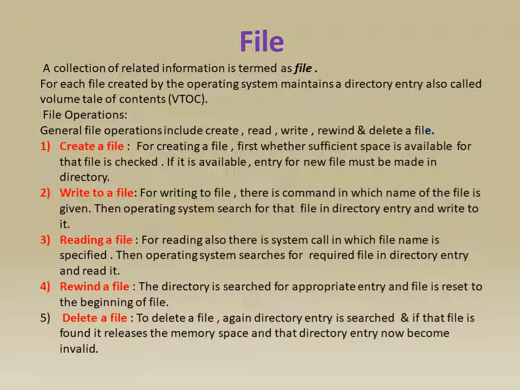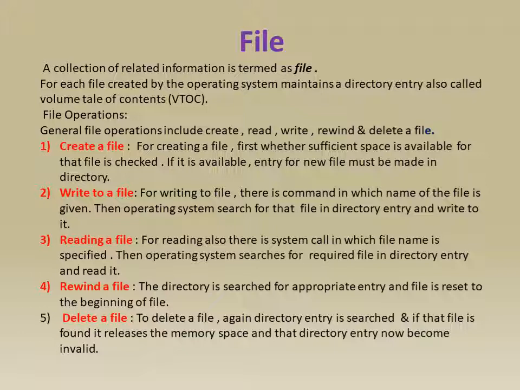Second operation, write to a file. For writing to a file, there is a command in which the name of the file is given. So we have to give the name of the file in which you want to write the data. Then the operating system searches for that file in the directory entry and writes to it.